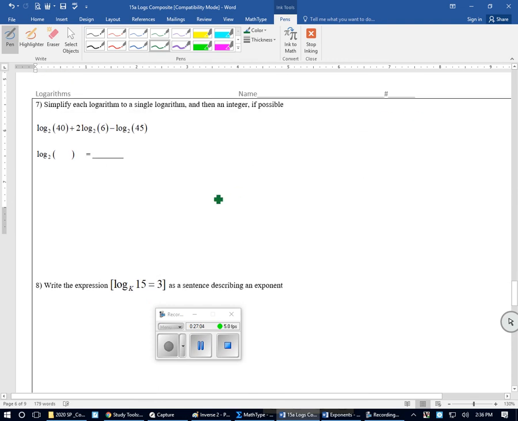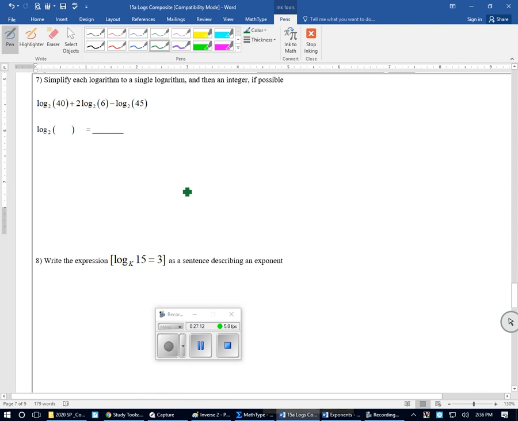All right. We're going to simplify to a single logarithm and then to an integer. And let's see what we remember. Coefficients become exponents. Addition becomes multiplication. So that's going to become a 2. That's going to say times, and that's going to say divided by.